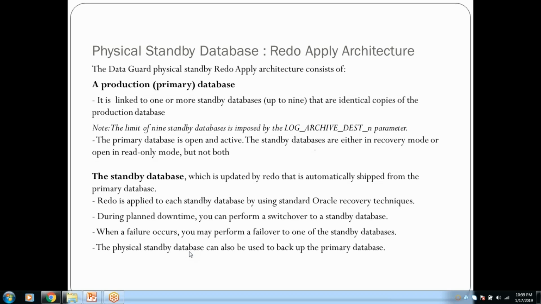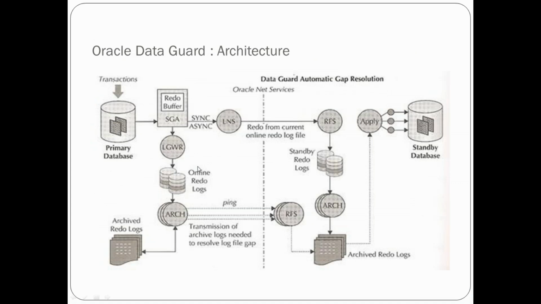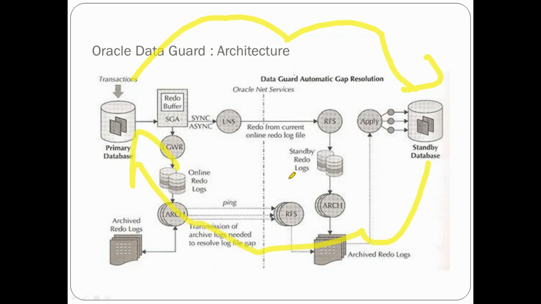And switchover, what is switchover? Switchover is a planned activity. Maybe you want to switch over to the standby. Switchover means now the standby becomes primary and your primary becomes standby. The roles can be reversed anytime. The roles which you see here, primary to standby, are configured in such a way that data is going from this to this. Now data can go back the other way anytime. You can reverse the roles.